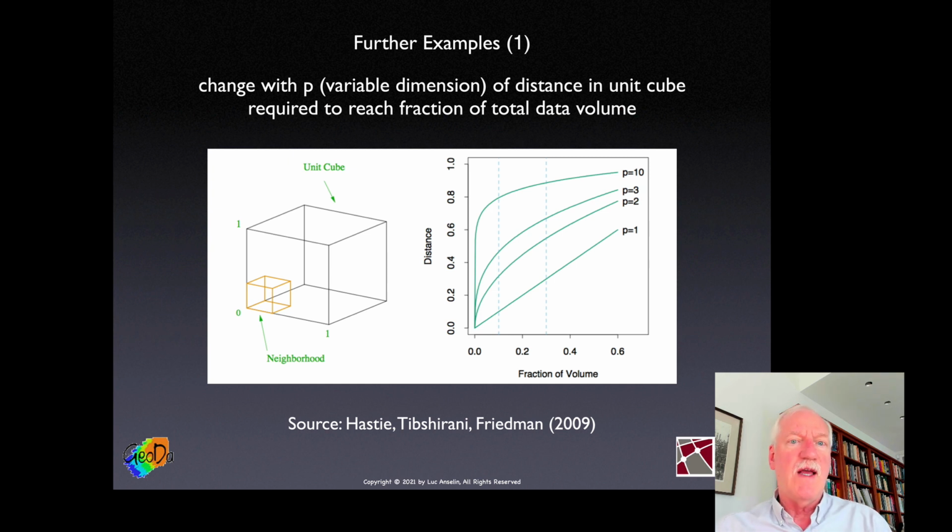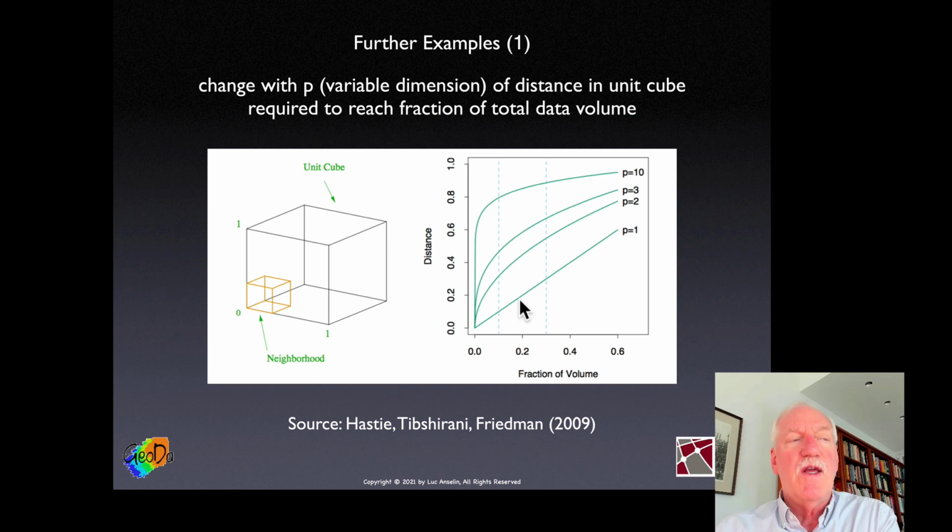So in a line, it's linear. So if you want to find 50% of the data volume, you have to go half the distance. If you wanted to find 20% of the data volume, you go 20% of the distance.